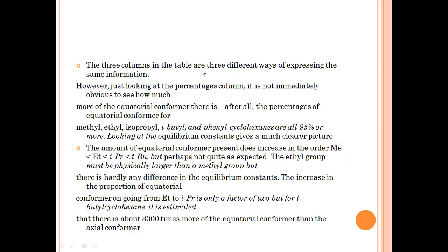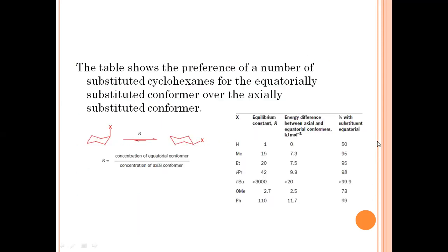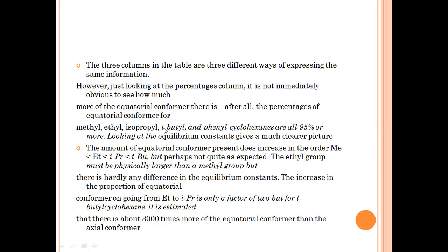Now, the three columns in the table are three different ways of expressing the same information. In the first column, we have expressed the equilibrium constant of different substituents. In the second column, we have expressed the energy difference between the axial and equatorial conformers. And in the third column, we have described the percentage of the substituent at the equatorial position.